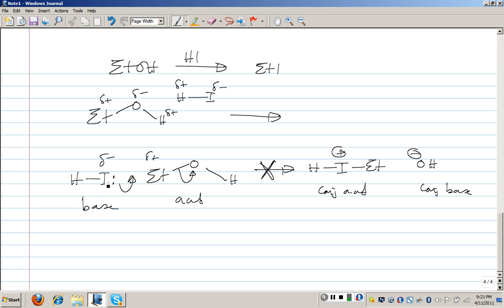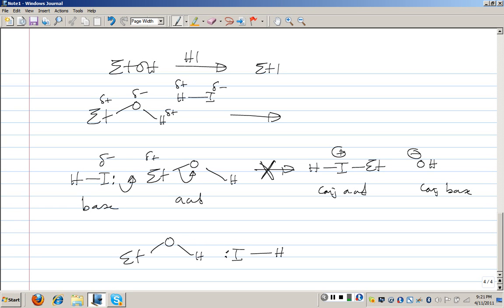So even though the iodine is nucleophilic and the ethyl is electrophilic, I can't do that reaction because it defies acid-base rules. For the exact same argument, I can't look at the alternative, which is to have the iodine of HI attack the delta plus charge on the ethanol.